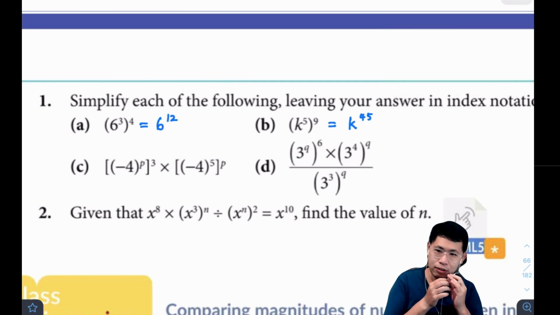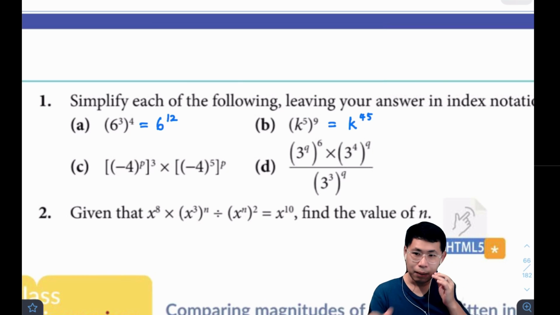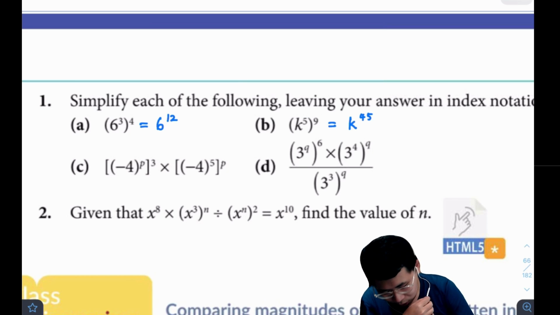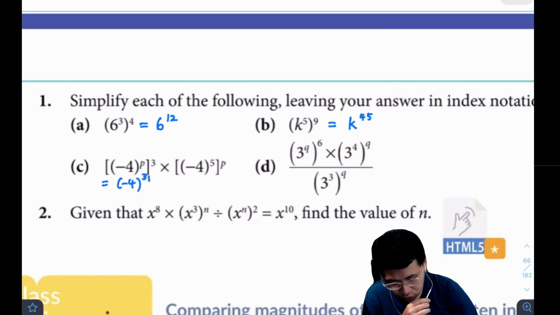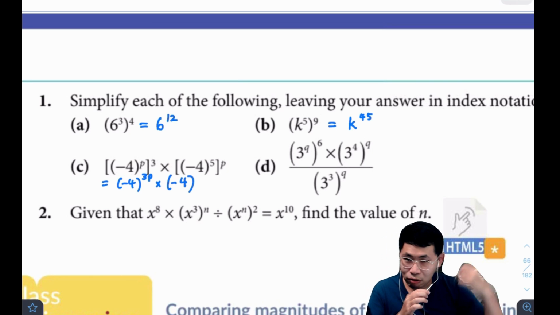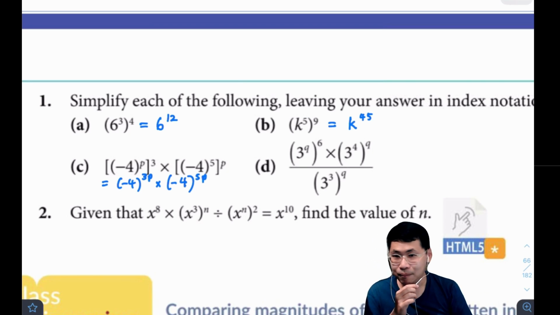Okay, k to the power of 45. C, we've got -4 to the power of p to the power of 3, and we have -4 to the power of 5 to the power of p. So what we can do is, -4 will be the base, power p power 3, we have 3 times p, so 3p. And we multiply by -4 to the power of 5 to the power of p, so we have 5p like that.